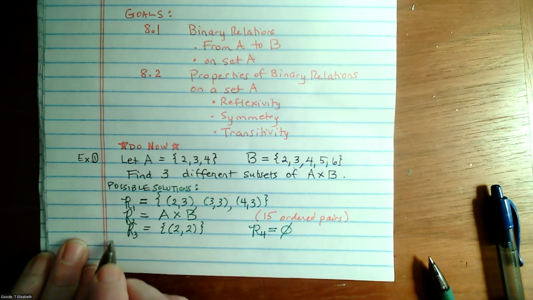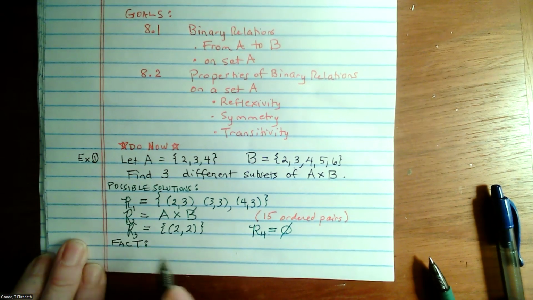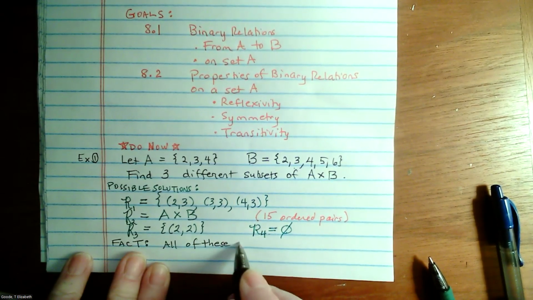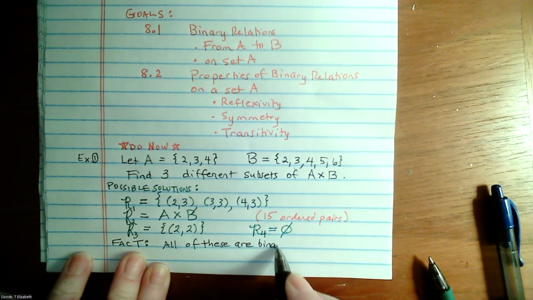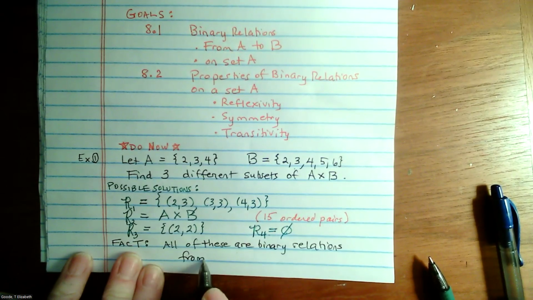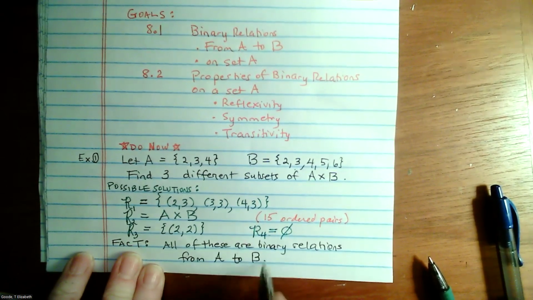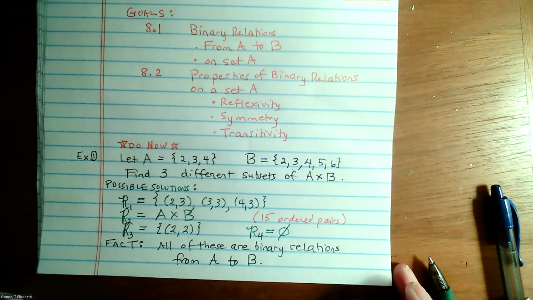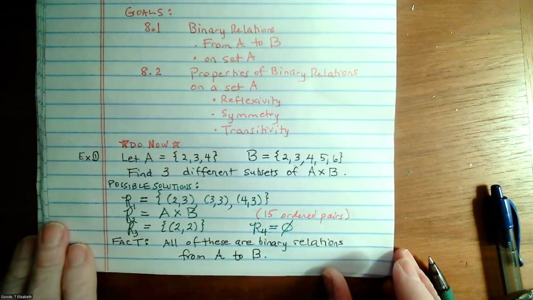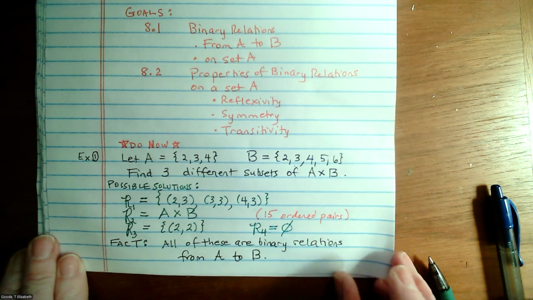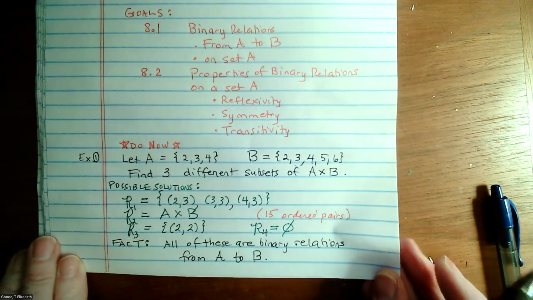So here's the fact. This was supposed to be the motivating example tonight. All of these are binary relations from A to B because the definition of a binary relation from A to B is simply that any subset of A cross B is a binary relation from A to B. Now, we have talked about functions, and they're very special kinds of subsets of A cross B, where A is the domain and B is the codomain, right?